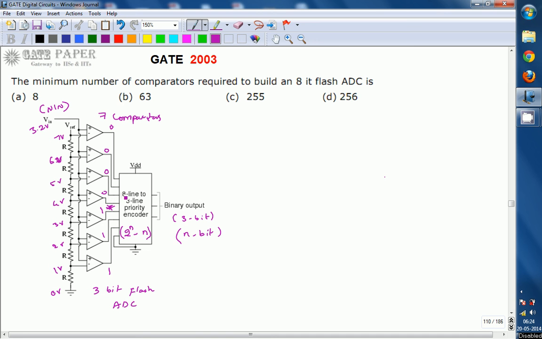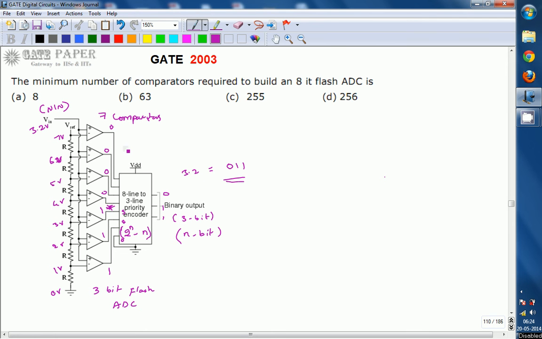This is the 0th line, which is connected to ground, then the first line, the second line, and this is the third line. So the third line is going to be active now, and 3 will be represented as 0 1 1. So the binary output for 3.2 volts is 0 1 1, the equivalent code for the 3.2 analog voltage.